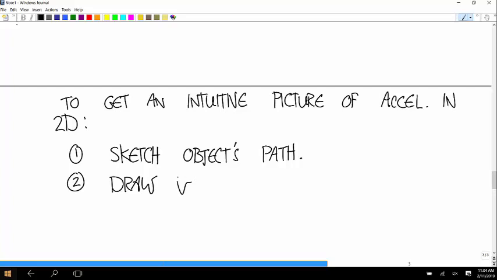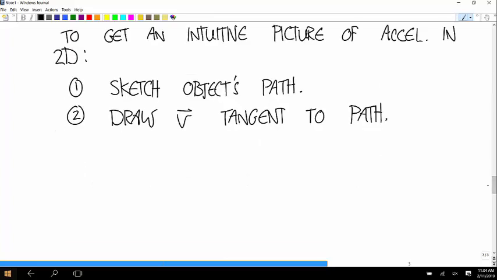So draw the velocity vector tangent to the path. Third is draw the part of the acceleration that's parallel to the velocity.